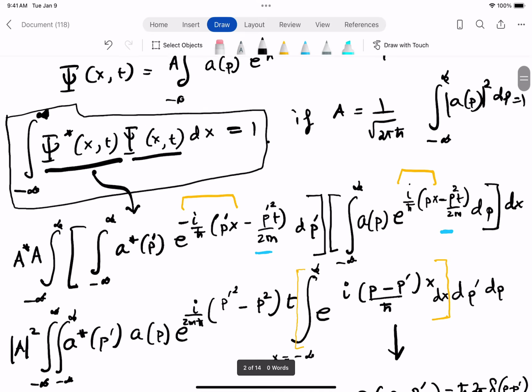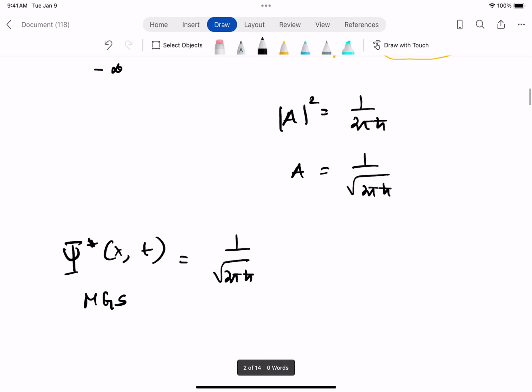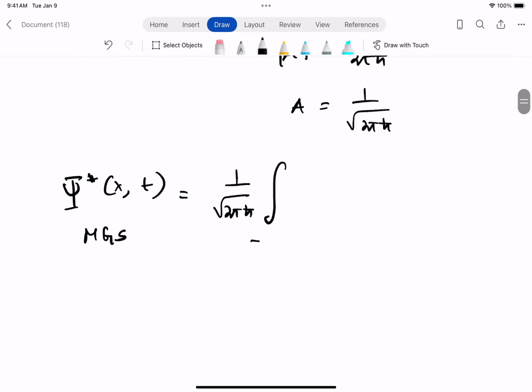And so the normalized most general solution, psi of x, t, is going to be 1 over the square root of 2 pi h bar, times the integral from minus infinity to plus infinity of a of p, e to the power of i (px minus Et) over h bar, with E being p squared over 2m, dp.